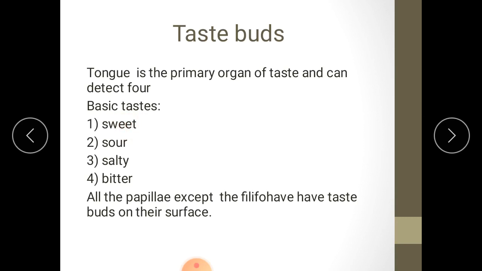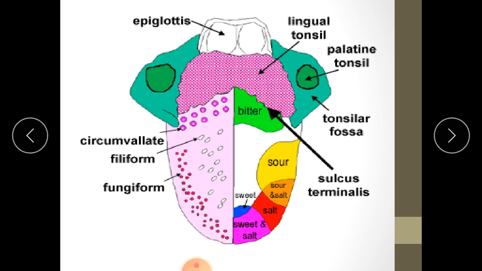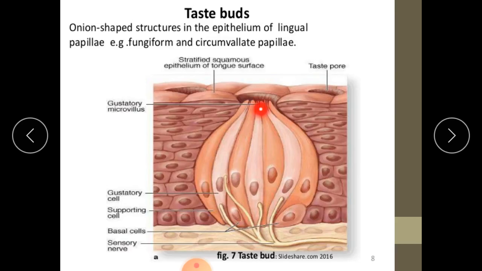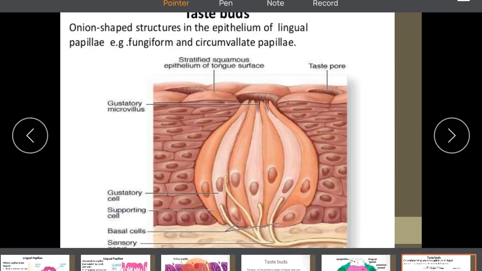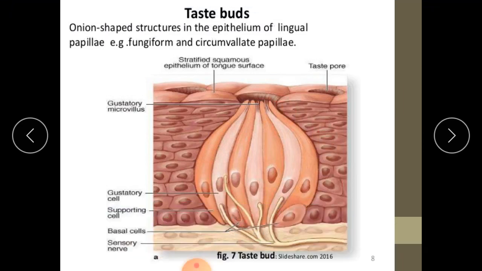All the papillae except the filiform papillae have taste buds on their surface. These are small, ovoid or barrel shaped bodies differentiated into a wide bottom and short neck.